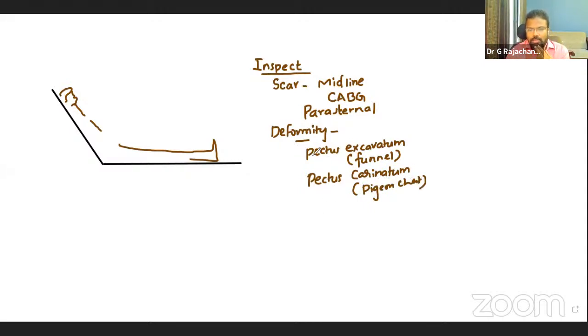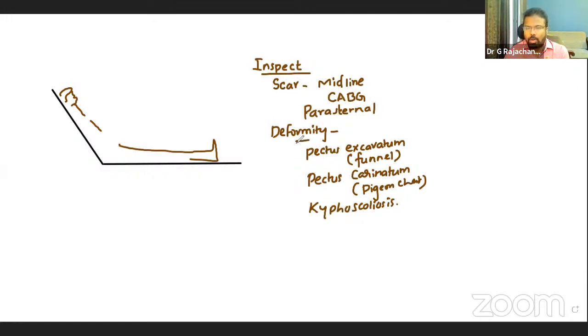These are the two important ones, and there can also be kyphoscoliosis associated. Kyphoscoliosis is generally seen in those patients who are suffering from childhood respiratory disorders. Childhood respiratory disorders are the prime cause for this kind of patient.